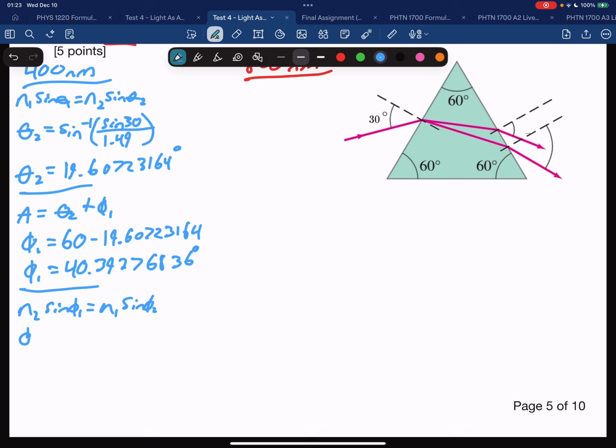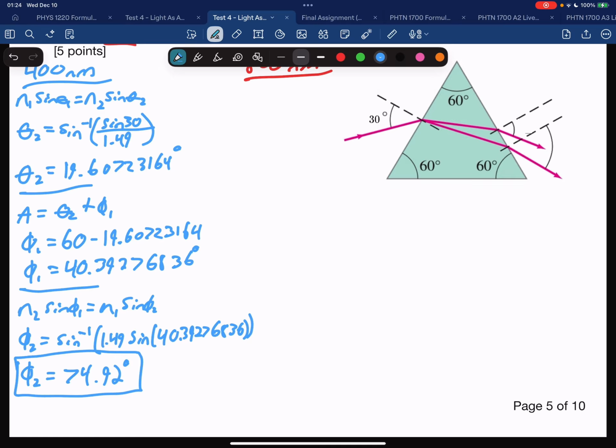Rearranging for phi 2, this would be the arc sine of 1.49 times the sine of 40.39276836. And that gives me a final answer here of 74.92 degrees.